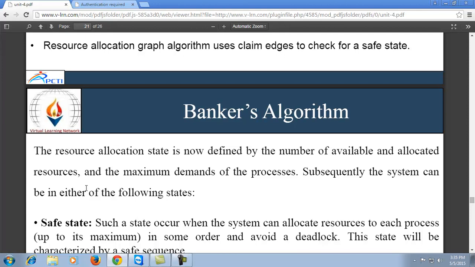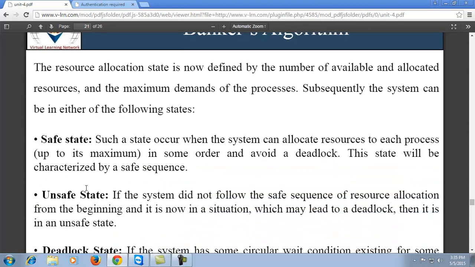The resource allocation state is now defined by the number of available and allocated resources and the maximum demand of the processes. Subsequently, the system can be in either of the following states. The first is safe state.